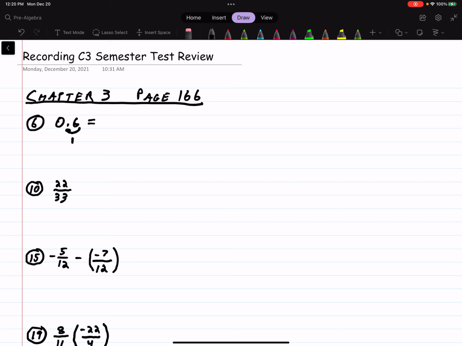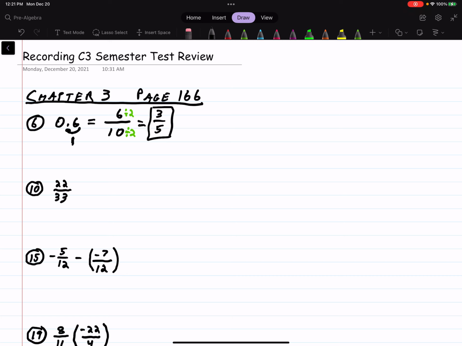So that's how many zeros you put on the bottom after the 1. So 10, 1, 0, because there's only one place here. And you put the number at the top. We notice that 6 out of 10 can both be divided by 2. If we divide them both by 2, we end up with 3 over 5, and that's our simplified form.